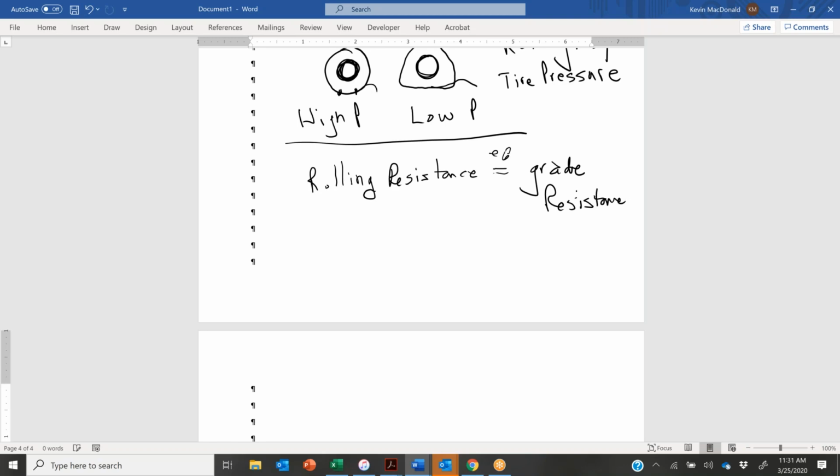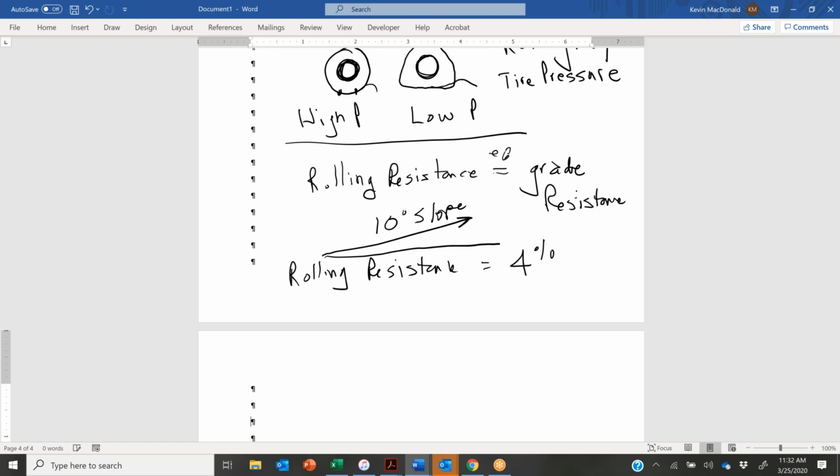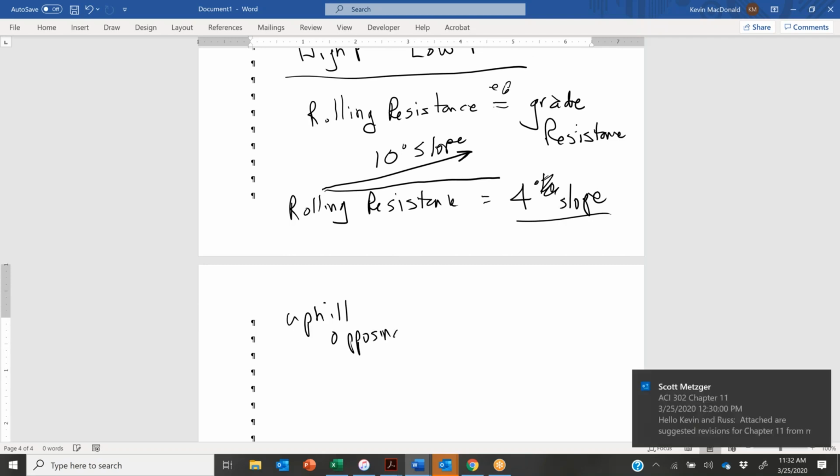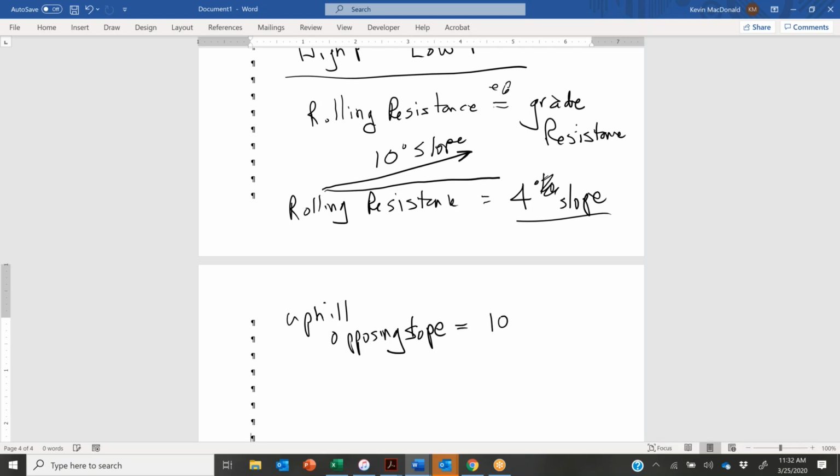So what it means is that if I'm going up a hill at a 10 degree slope, if my rolling resistance is determined to be an equivalent of a 4 degree or 4% slope, whichever one it is, let's stay with 4 degrees. Then going uphill, I have an opposing slope (10°).